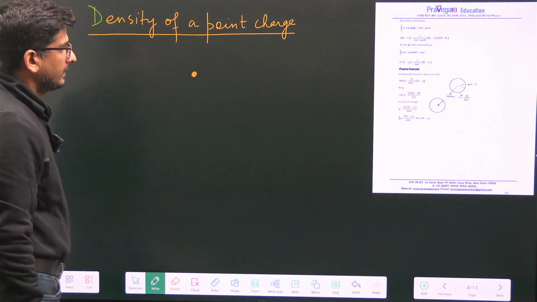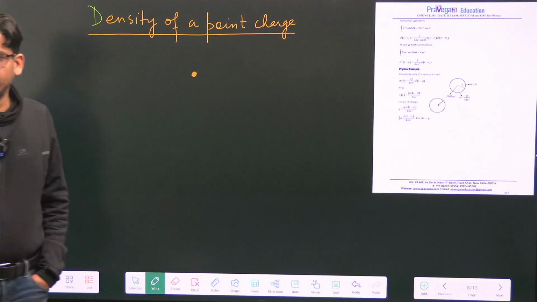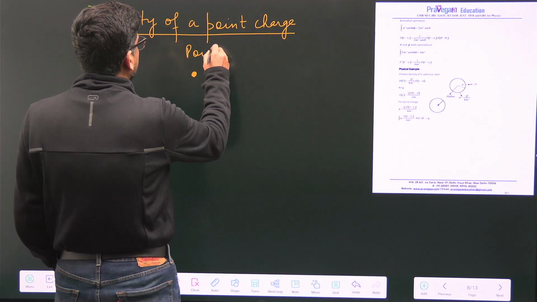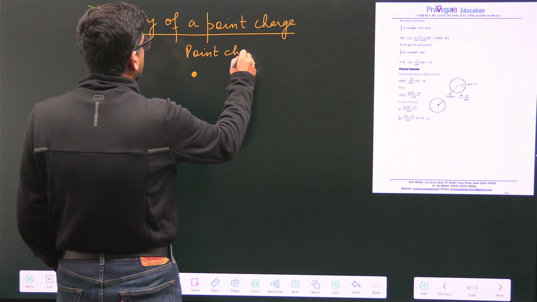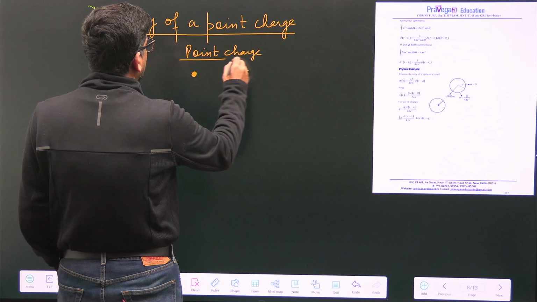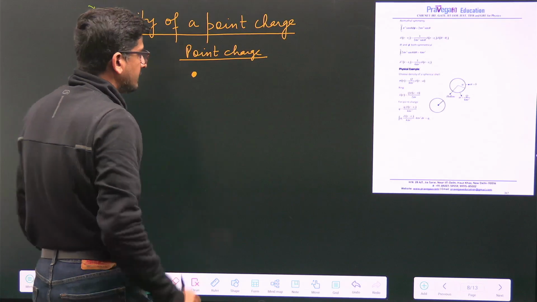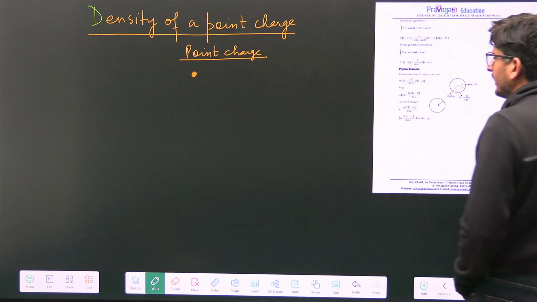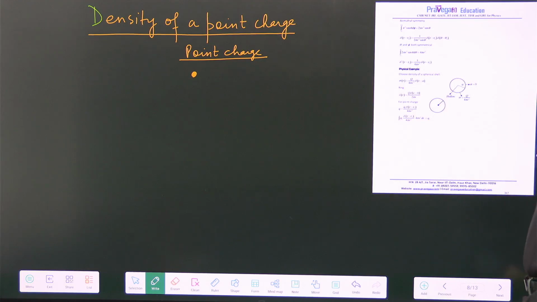If you take a point charge, it is only localized, present at one point and absent at all other points. So how to represent the density of a point charge, I mean rho of a point charge?